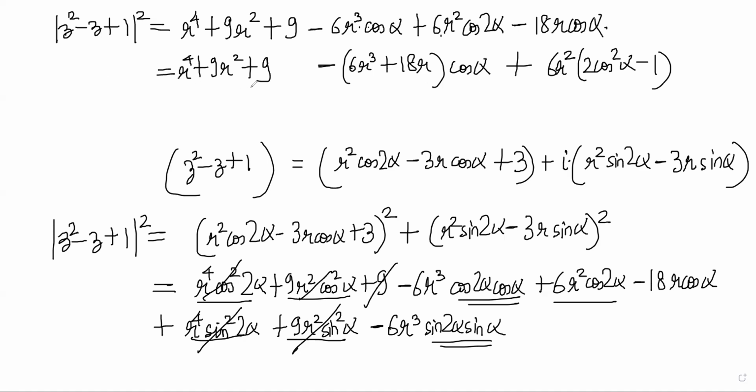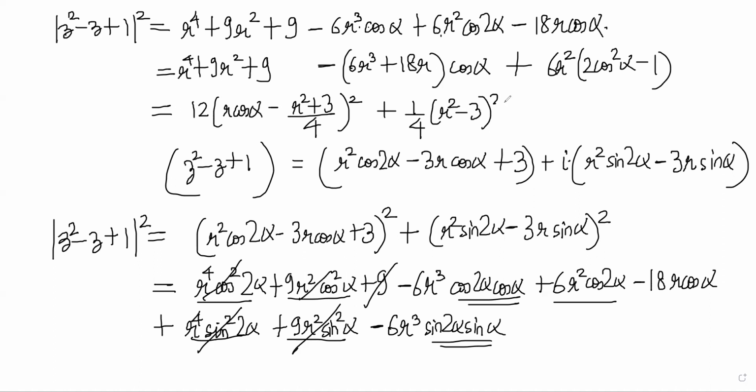This part, I think I can write it as, this is equal to 12 times r cos alpha minus r square plus 3 by 4 whole square plus 1 by 4 r square minus 3 whole square.